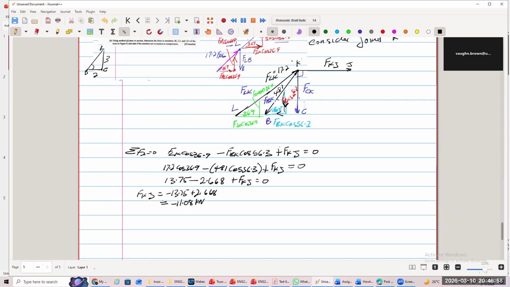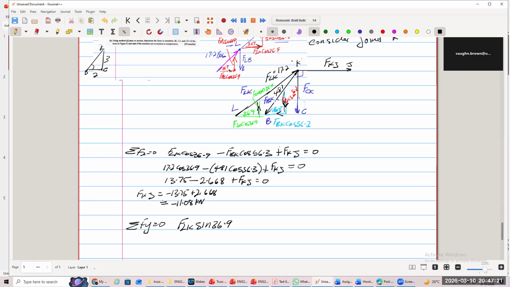So for the next one, the sum of the forces in the y equals 0. We have one going up, which is F_LK sin 36.9, positive for the LK, this one right here.